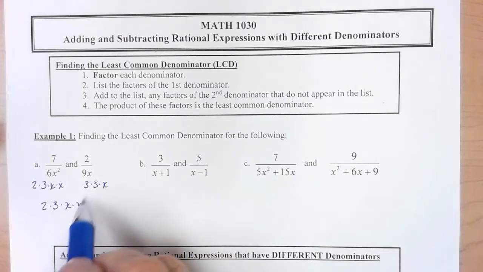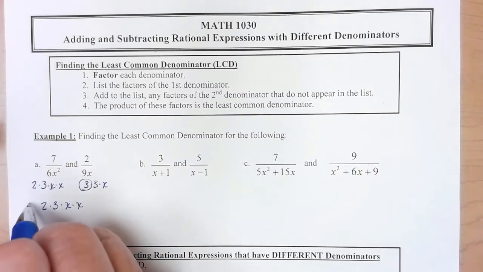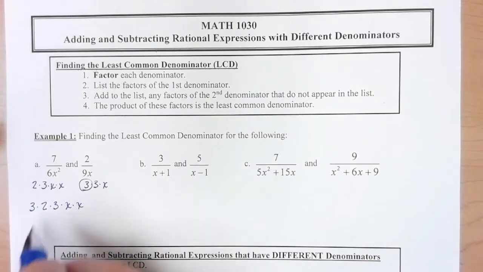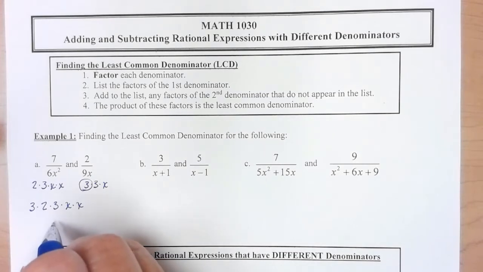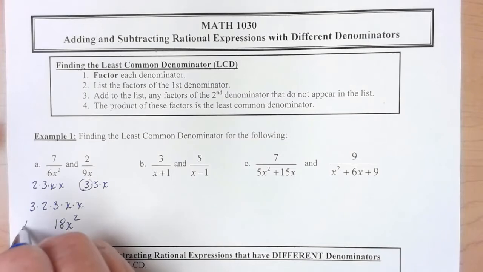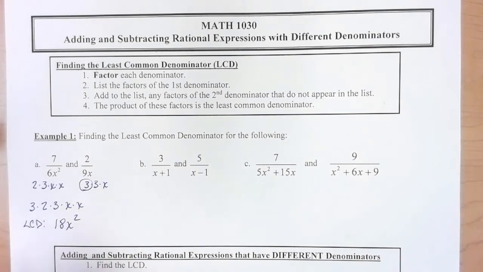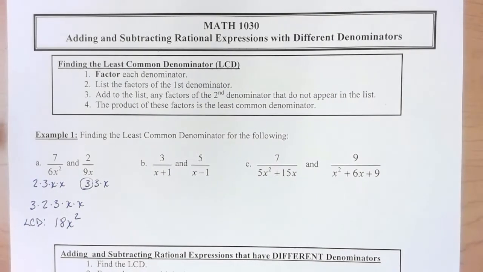Now the x does, 3 does, so I need to put another 3 on. So if I multiply that up, it looks like I'm going to have 18x squared, and that would be my LCD.